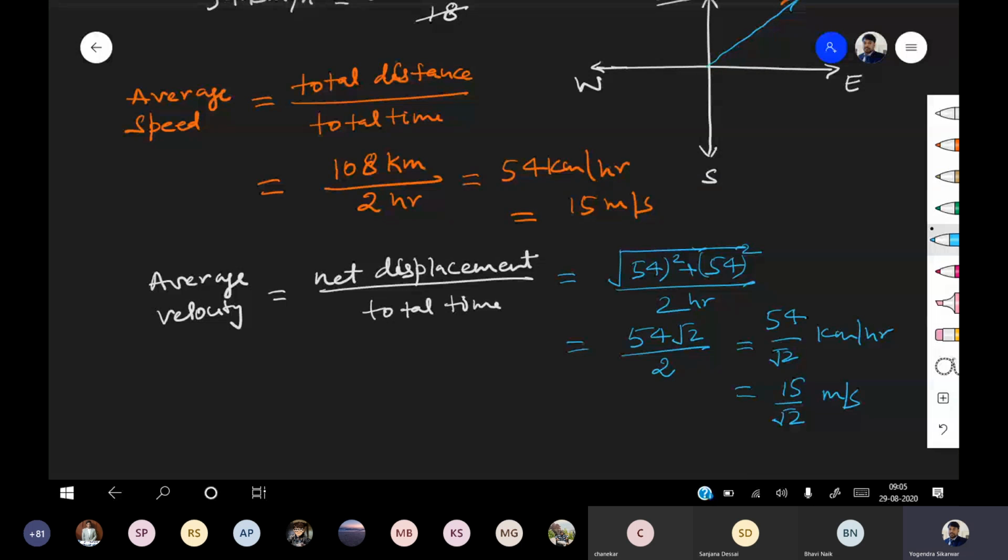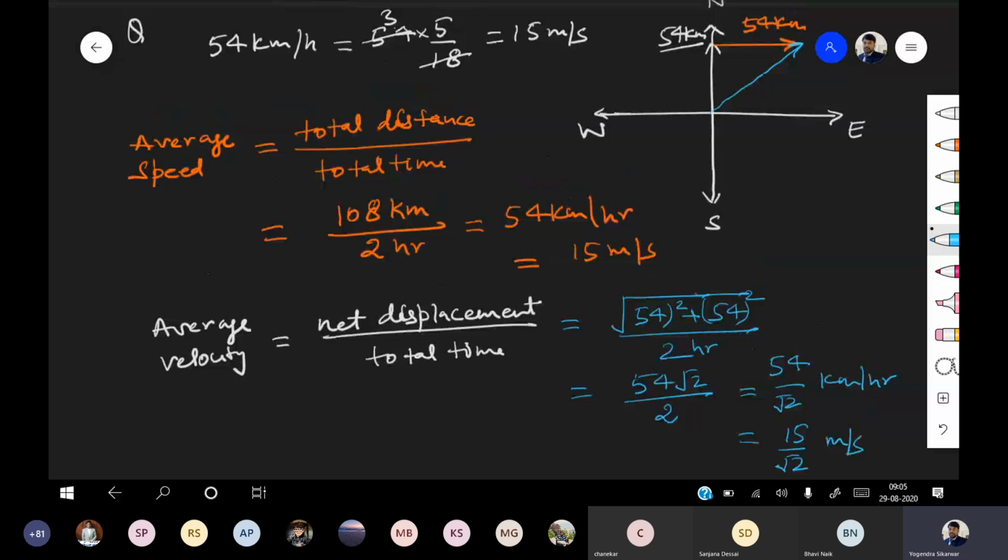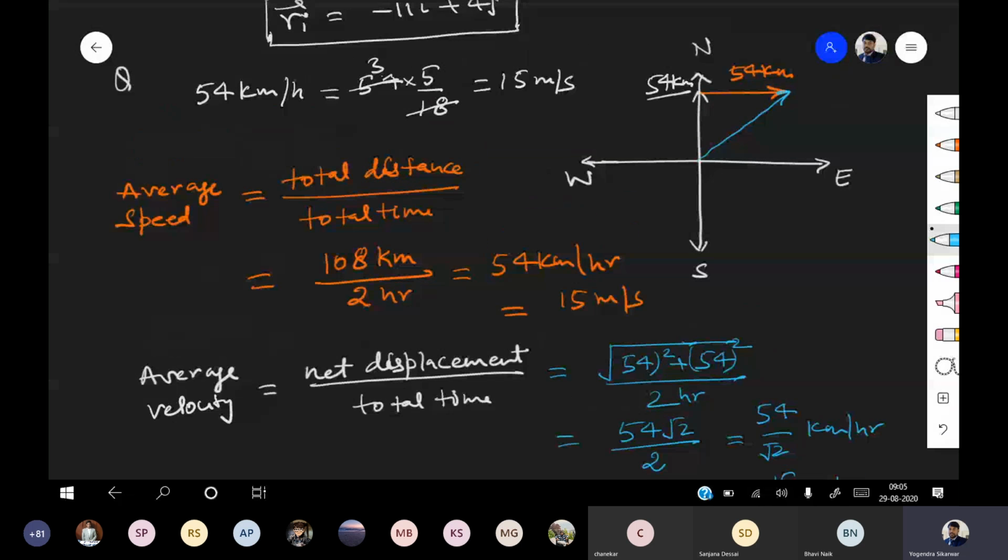Yes, because you studied it long, long ago, no? When you multiply kilometer per hour by 5 by 18, you get your answer in meter per second.